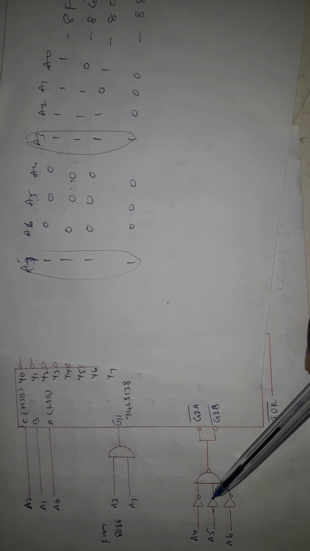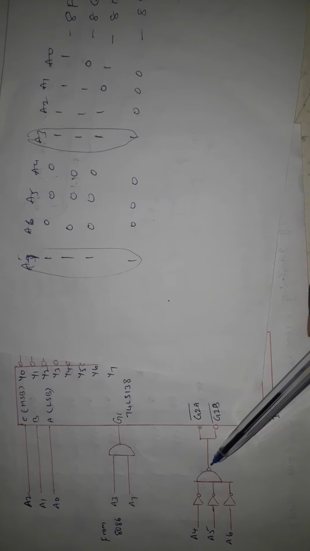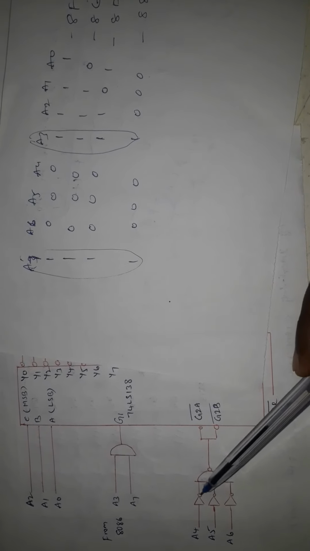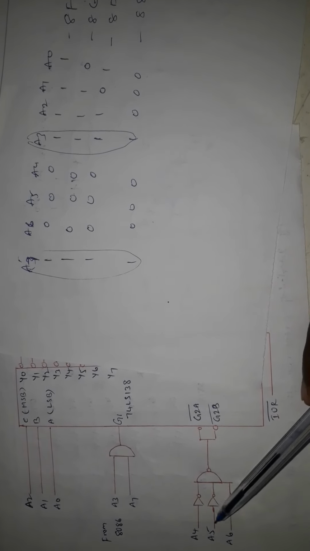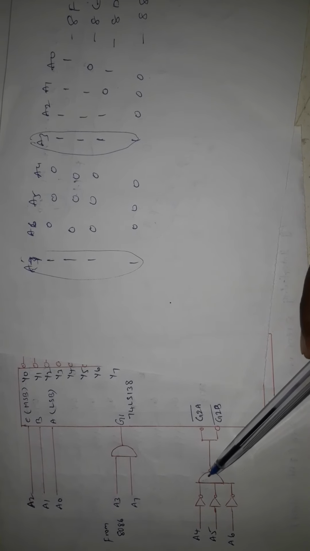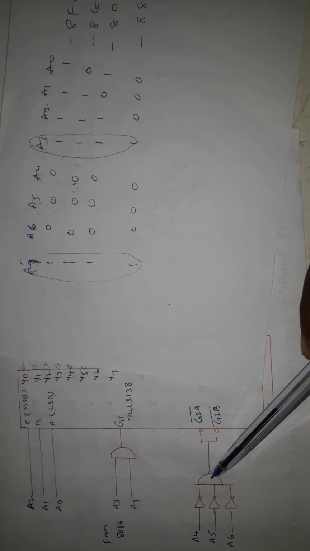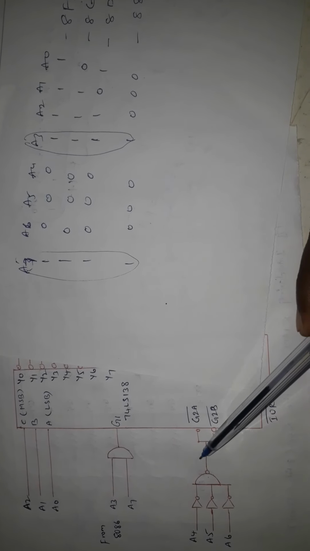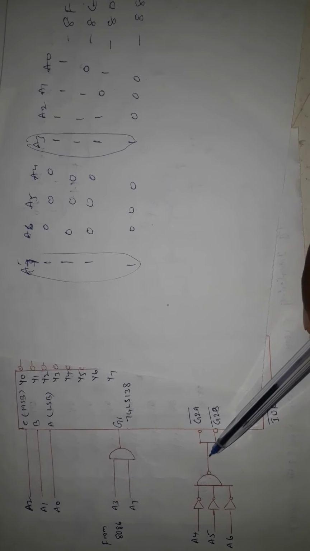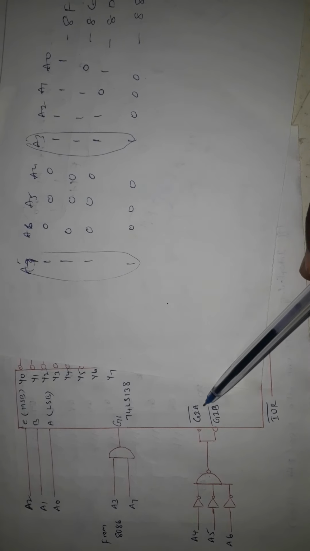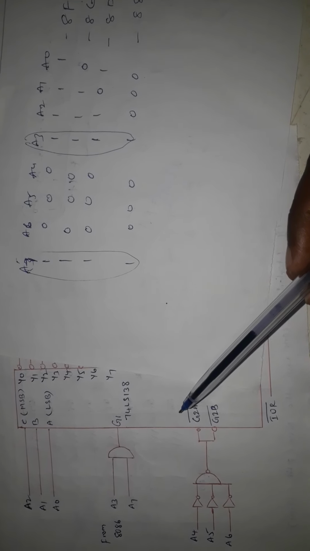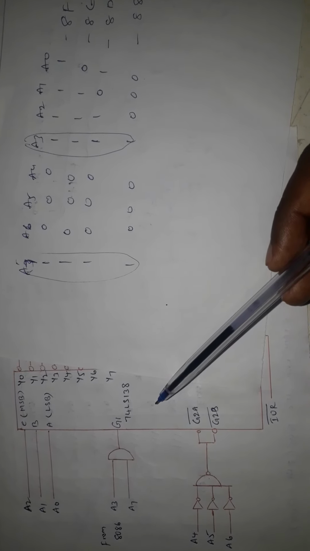A4, A5, A6 pins are connected to the NAND gate through the inverter. Whenever A4, A5, A6 are 0, the NAND gate gets all ones as input. Whenever the inputs to the NAND gate are 1, the output is 0, so it enables the G2A bar and G2B bar of the 74LS138 IC.